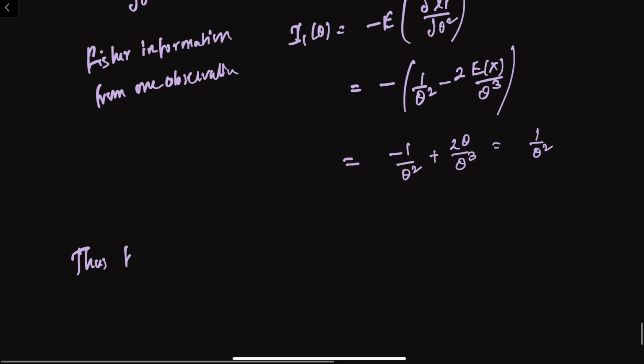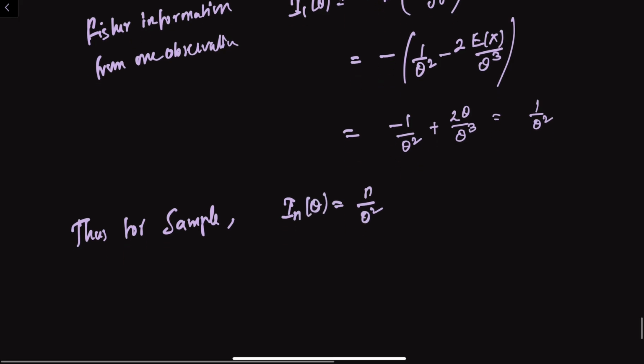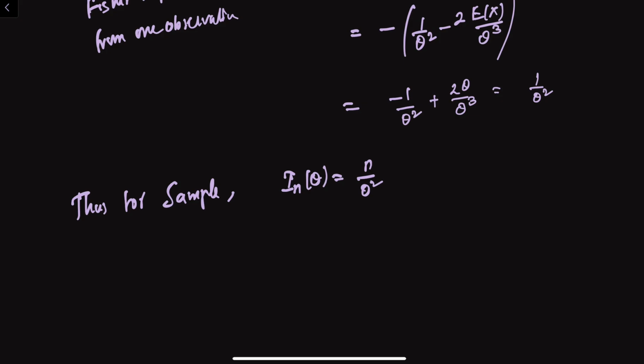That is for one observation. For the sample, the Fisher information will just be n by theta square because all are i.i.d. random variables.